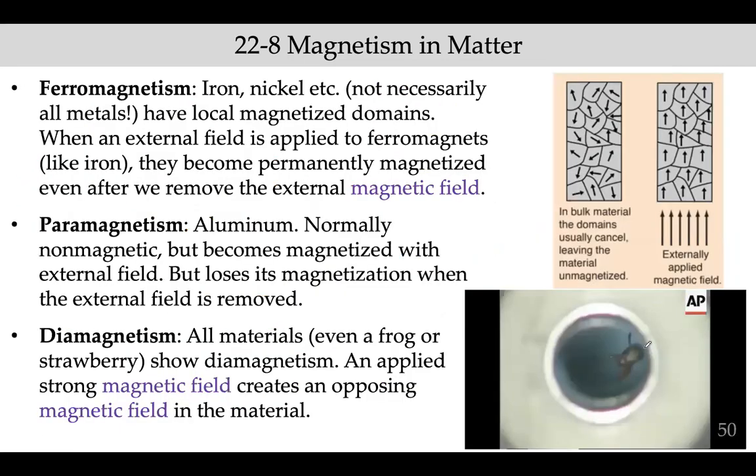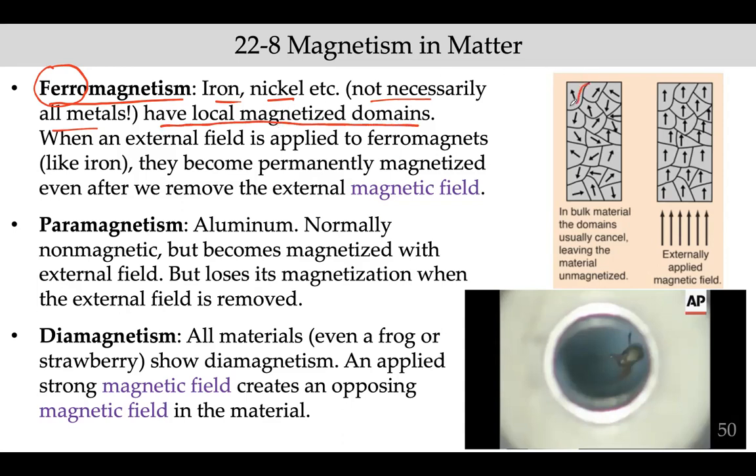Okay, finally, let's talk about three types of magnetism in matter. First of them is ferromagnetism. Ferro means iron, but it's not specific to iron. It can be iron, nickel, but it's not valid for all metals. It's valid for some metals. So they have local magnetized domains.